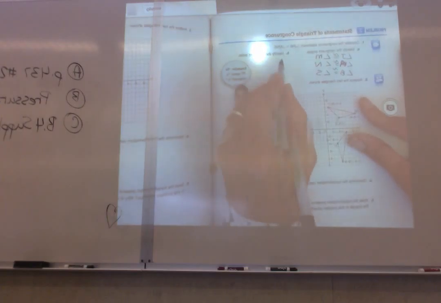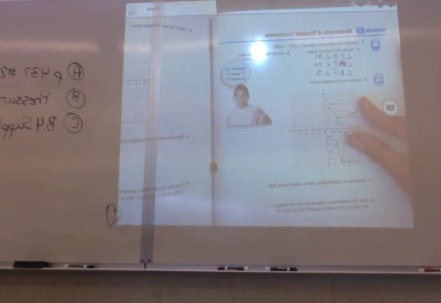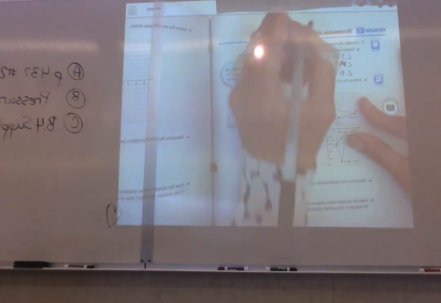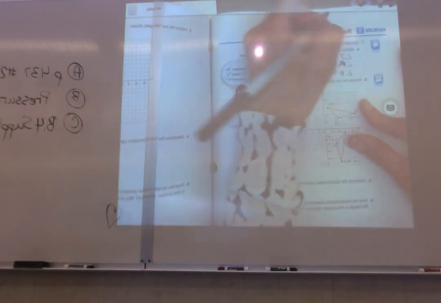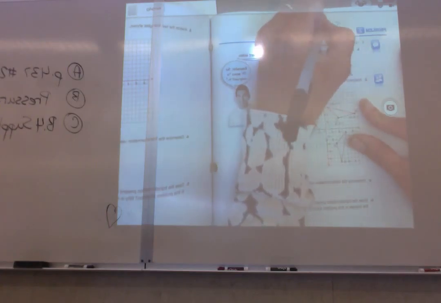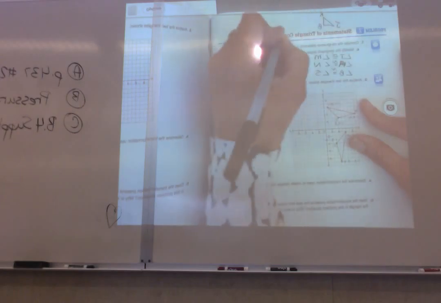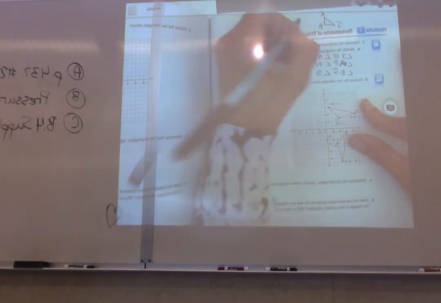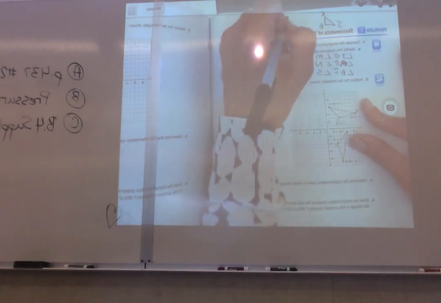Now, identifying the congruent sides, we can do that in a similar fashion, but I think it'd be a lot easier to draw these triangles. All right, so let's go ahead and make a little JRB, and identical MNS.